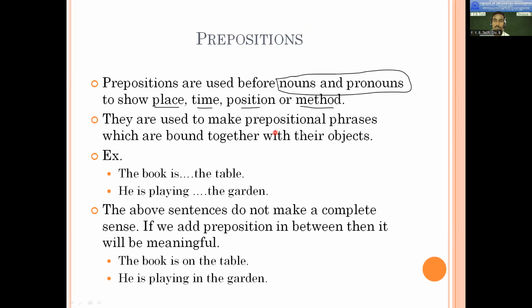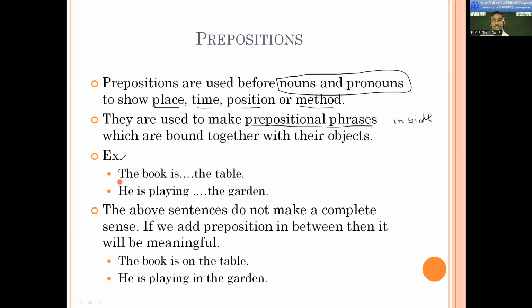They are used to make prepositional phrases, which are bound together with their objects. So preposition and prepositional phrases are two things that we can understand. When we think of prepositional phrases, some other words come with it. For example, inside: in is a preposition, and inside with additional words becomes a prepositional phrase, bound together with its objects, like inside the hall, inside the room. Here are some sentence examples.